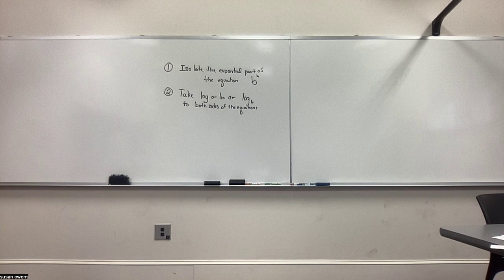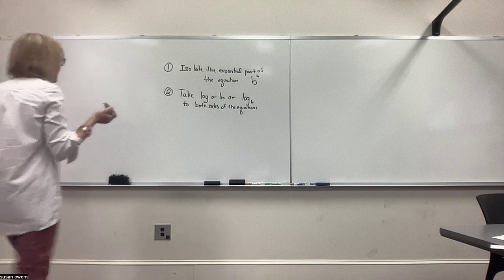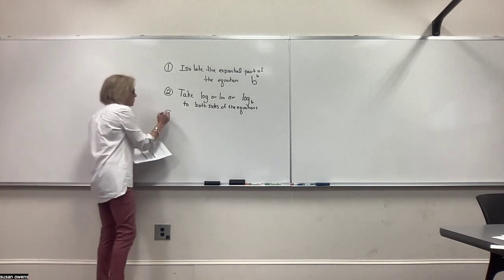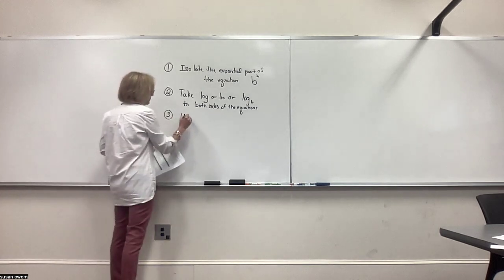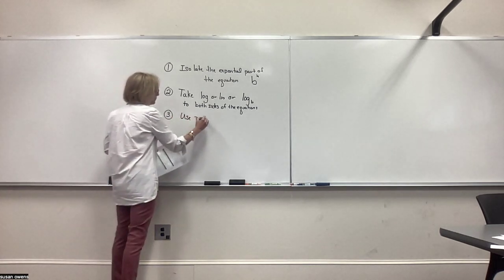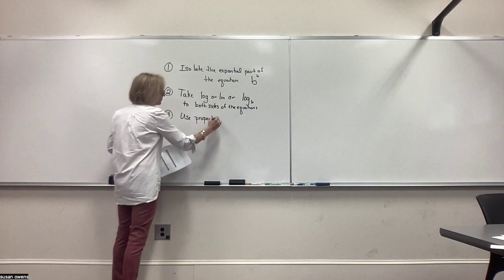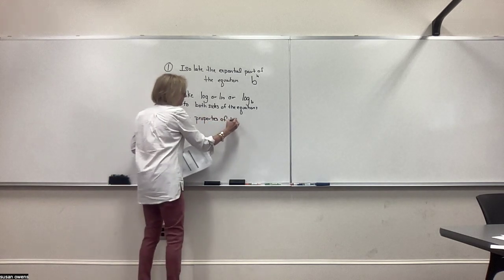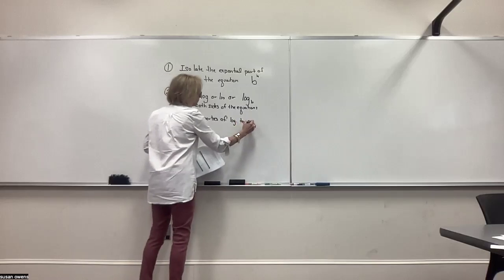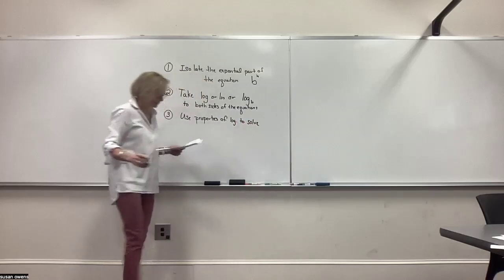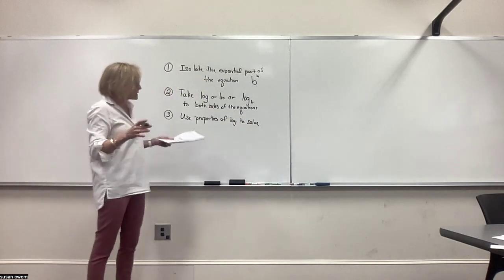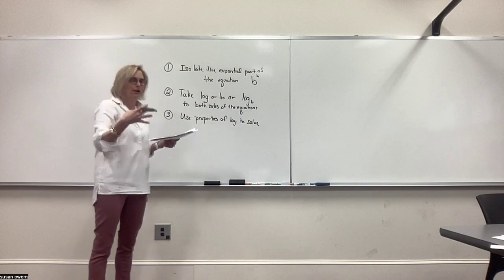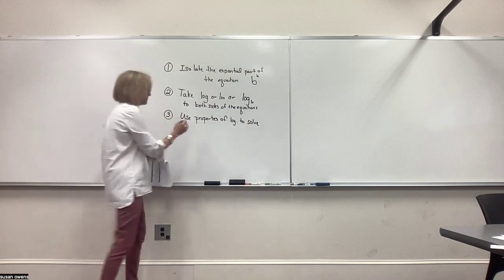So changing multiplication to addition, using the power to power rule, changing it to division, whichever one we need to use. We're going to use any of those properties of logarithms to solve it. What we want is for the variable to come out of the exponent.